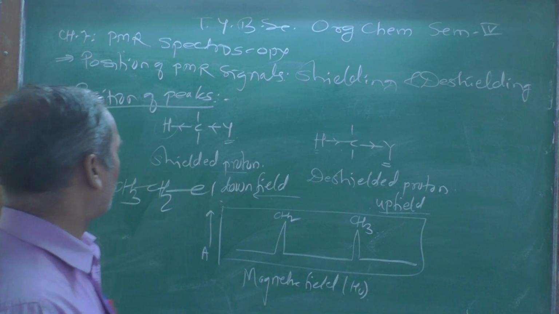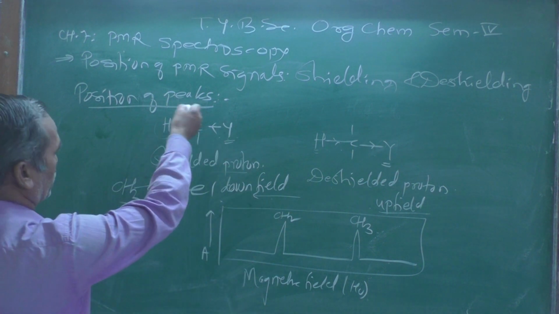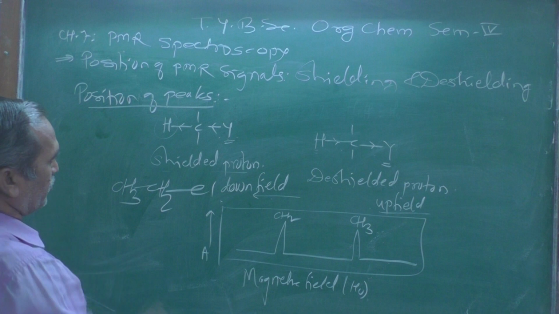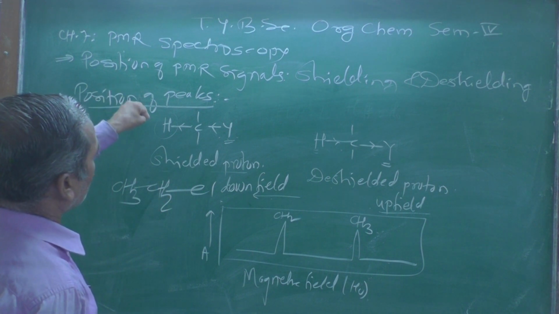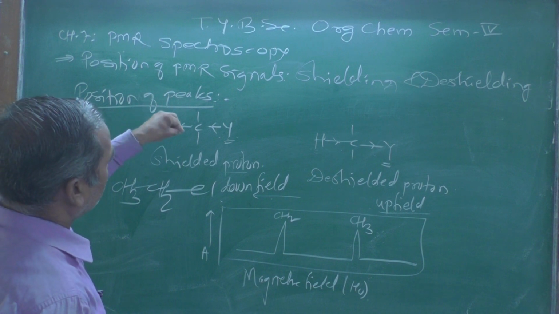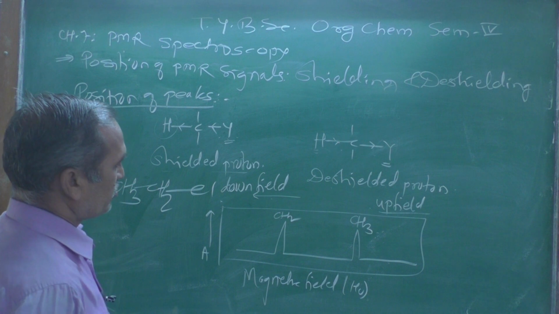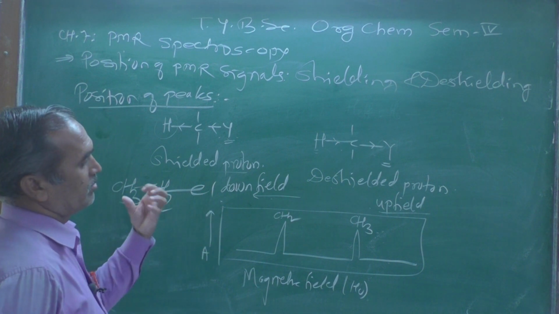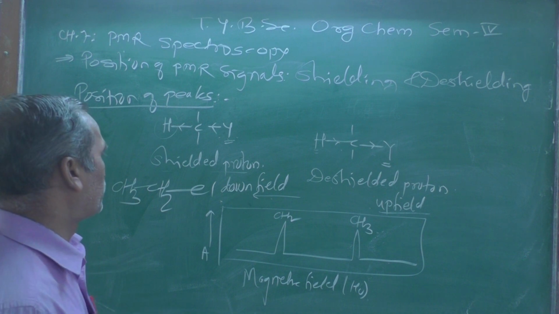So remember, for shielded and de-shielded protons, when electron withdrawing groups are present, that proton gets absorbed downfield, meaning the magnetic field required for this peak is higher as compared to that one.